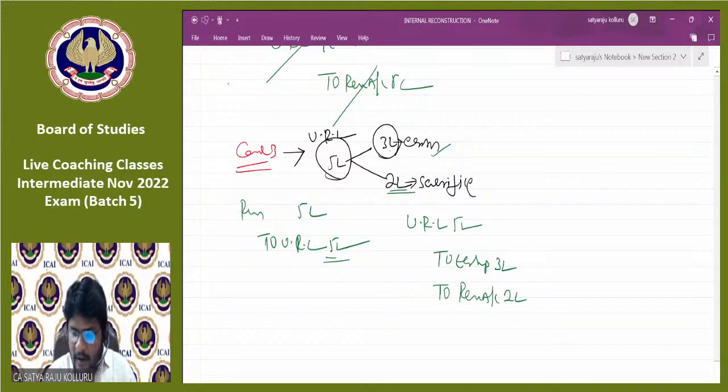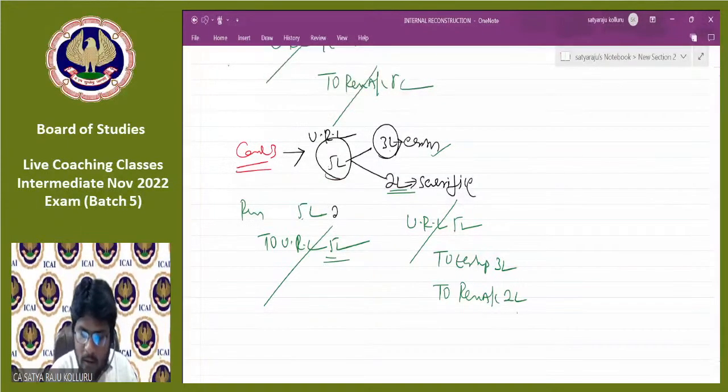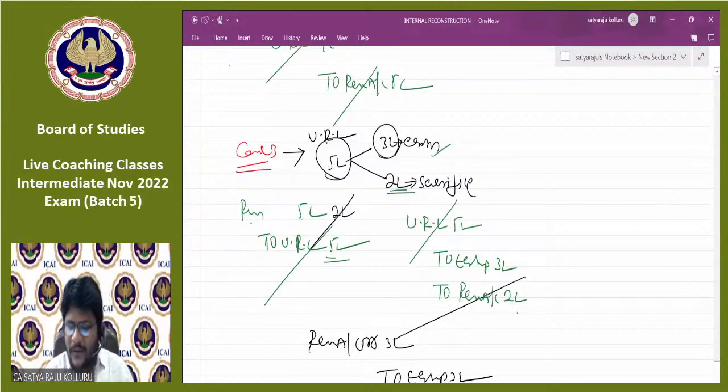Now, if you check here, unrecorded liability credit 5 lakhs, unrecorded liability debit 5 lakhs. In the reconstruction account, out of 5 lakhs debit, 2 lakhs was credited. That also cancelled. That means the remaining entry is reconstruction account Dr. 3 lakhs to equity share capital account 3 lakhs. Do you agree, guys? All of you?